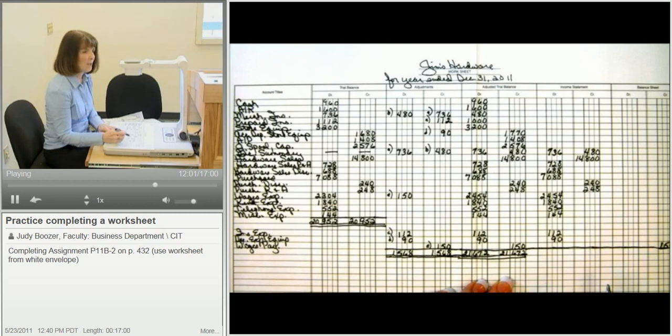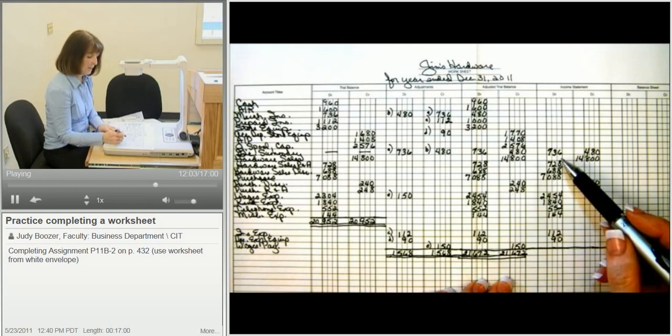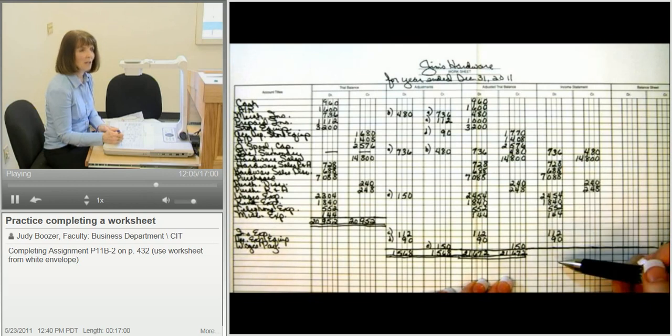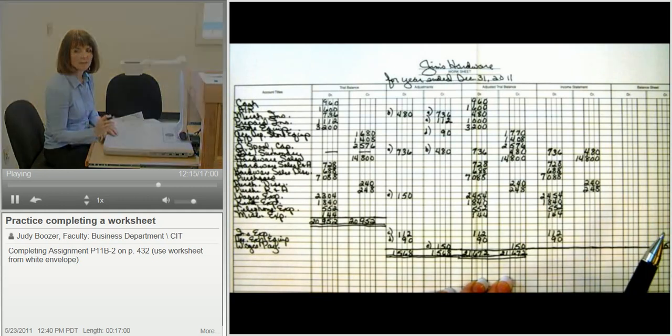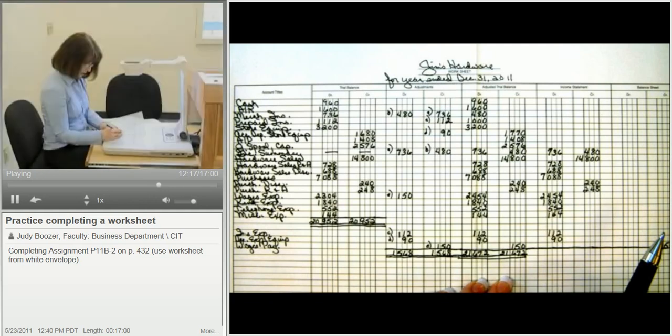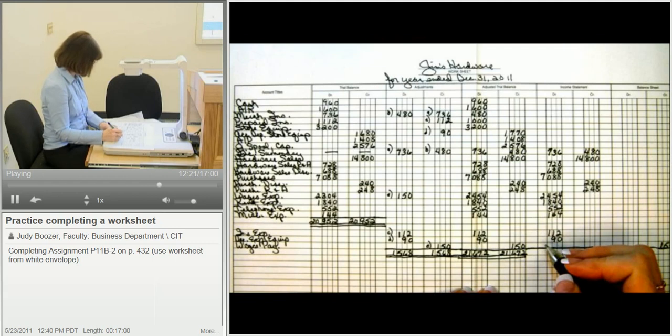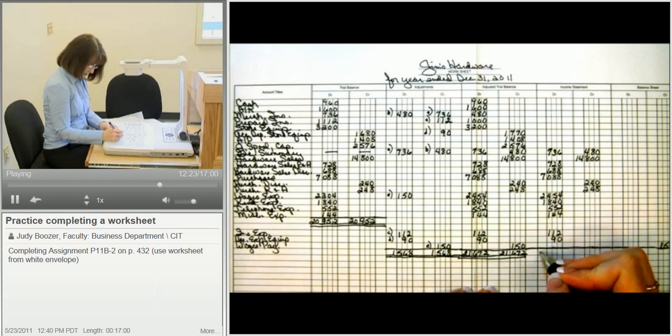So when you're finished, go ahead and add up your debit column of your income statement and then add up the credit column, and we'll go from there. Let's do a pause. So what did we get for the debit column of the income statement for the total? $14,432.